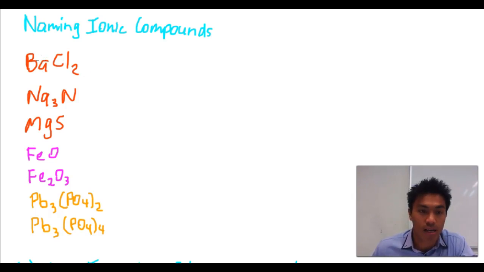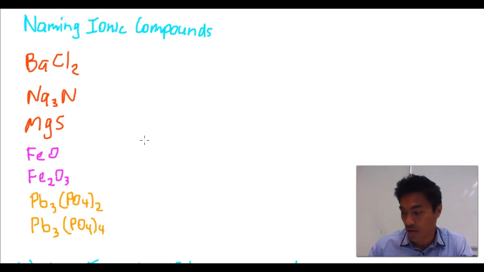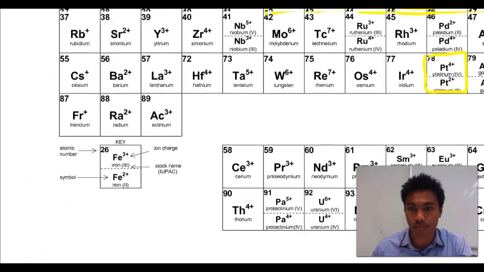First, have a look at the actual metal. The metal is usually going to be on the left-hand side of the periodic table. Remember the little staircase right beneath boron, silicon, arsenic, tellurium, and astatine. Let me just show you real quick.